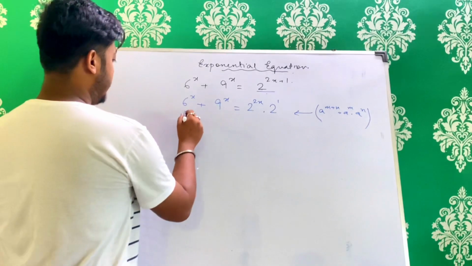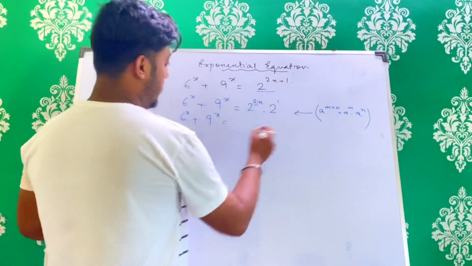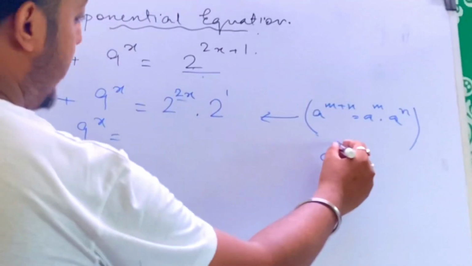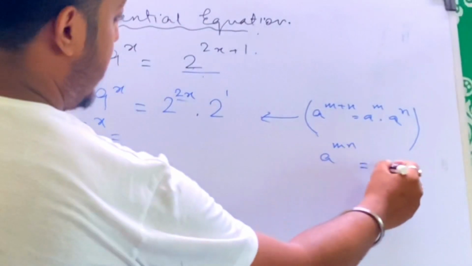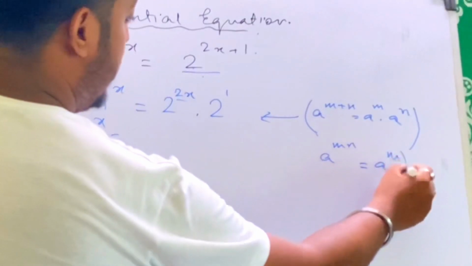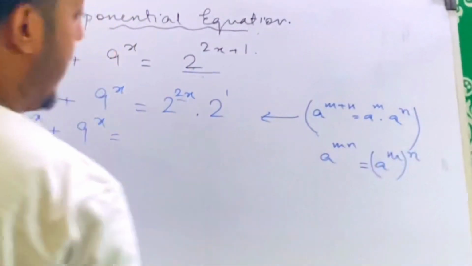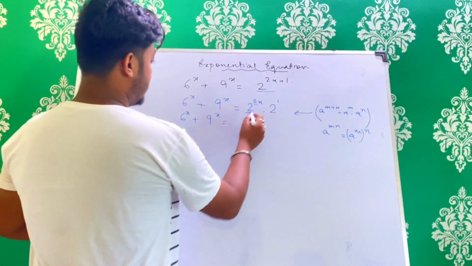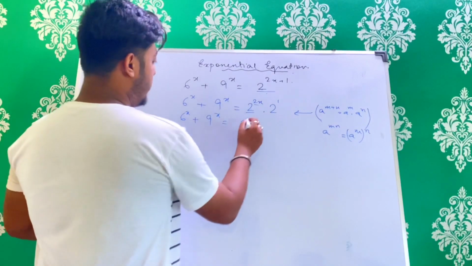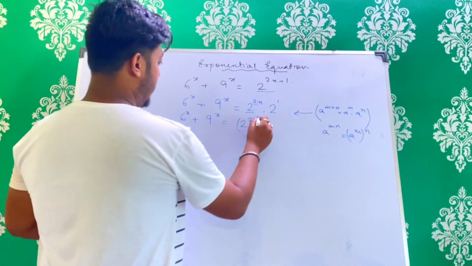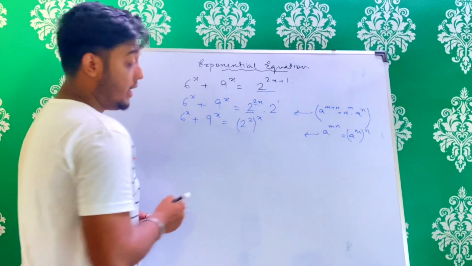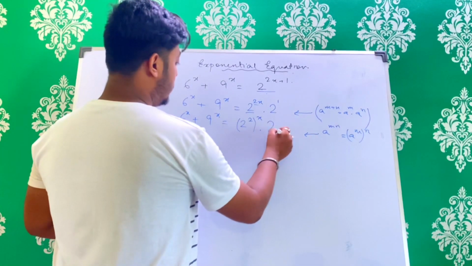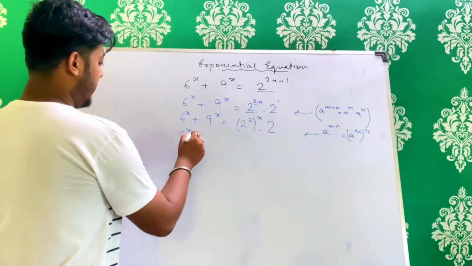In the next step, we know a to the power mn can be written as a to the power m whole to the power n. So we can write this as 2 to the power 2 whole to the power x into 2 using this formula.